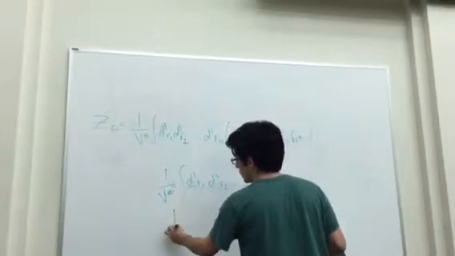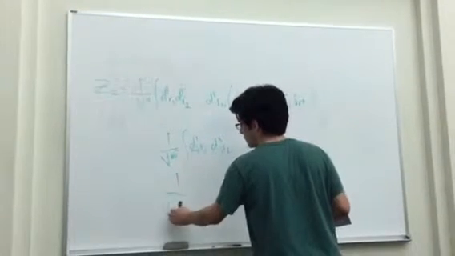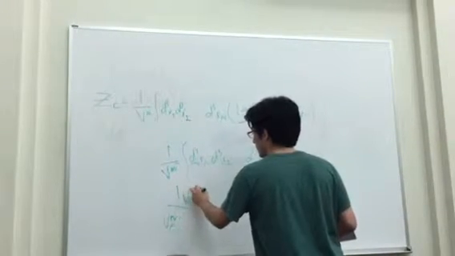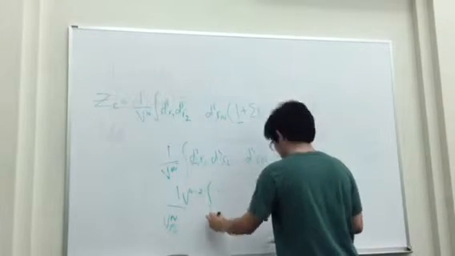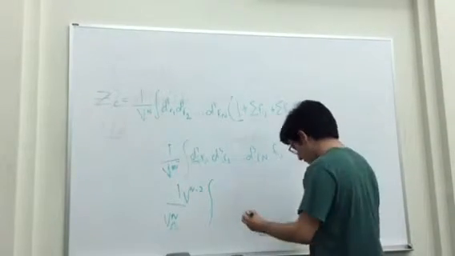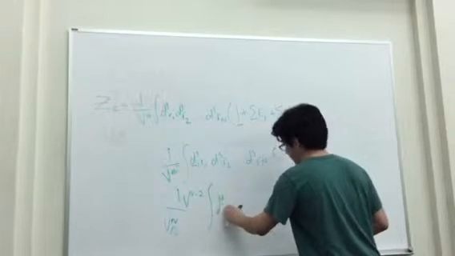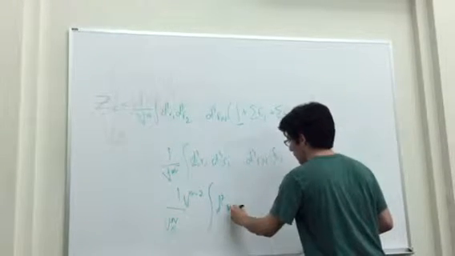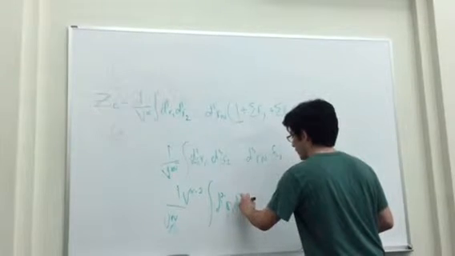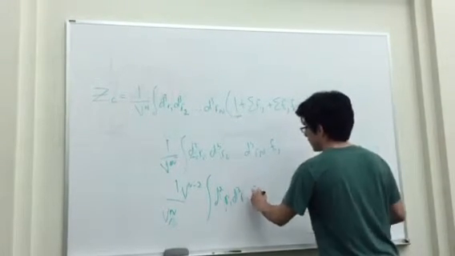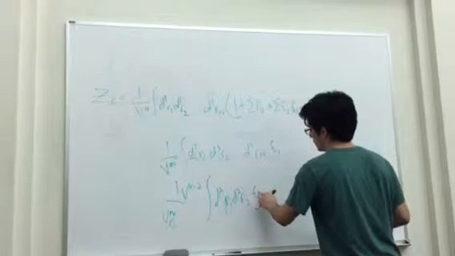So we'll have 1 over v to the n times v to the n minus 2 times an integral d3r1 d3r2 times f of 1, 2.